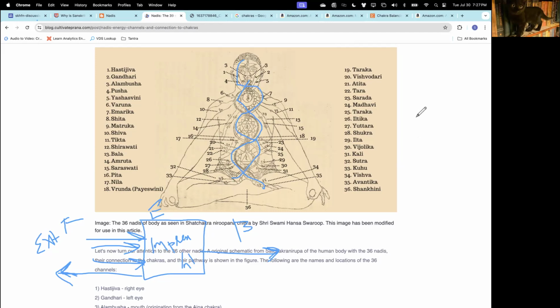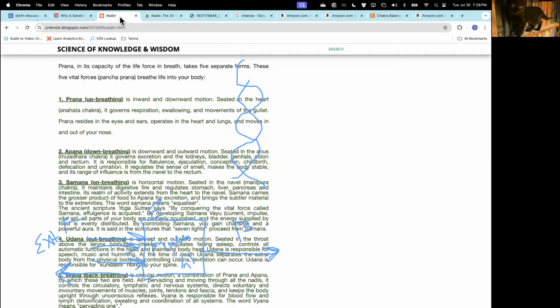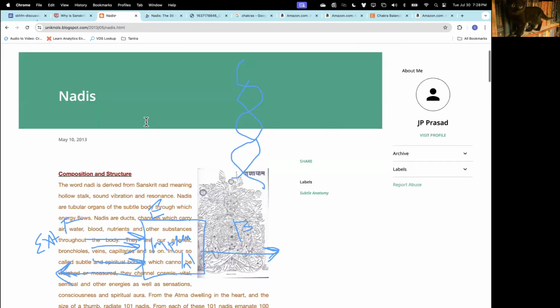It is the subtle energy, the prana, which is flowing in our body. And these are only the 36 key nadis, which are connected with all the organs in our system. By activating each nadi, you can actually repair your organs if they don't function well.